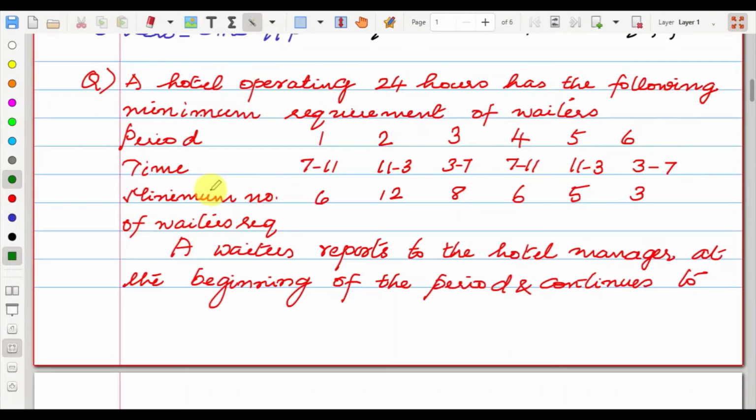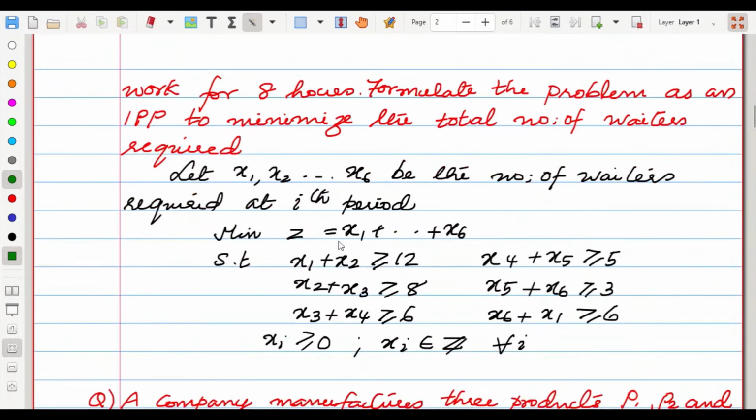So minimum number of waiters required during this time is 6, 12, 8, 6, 5 and 3. A waiter reports to the hotel manager at the beginning of the period and continues to work for 8 hours. So formulate the problem as an integer programming problem to minimize the total number of waiters required.